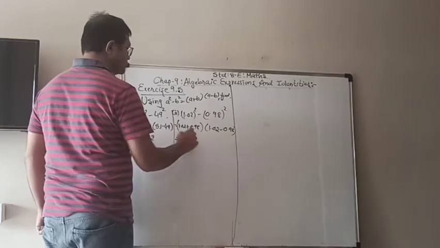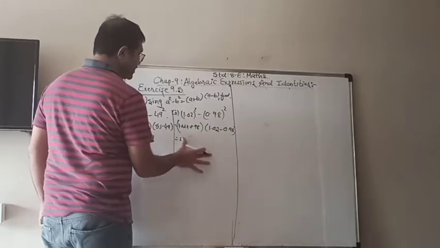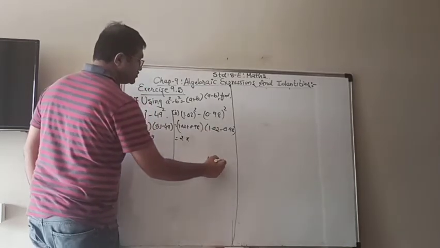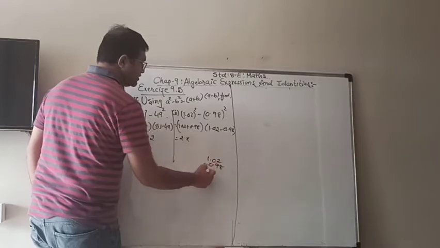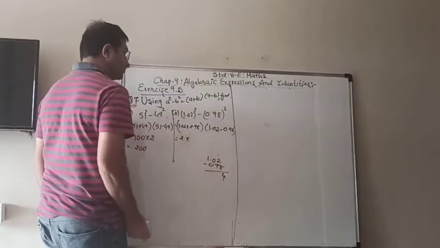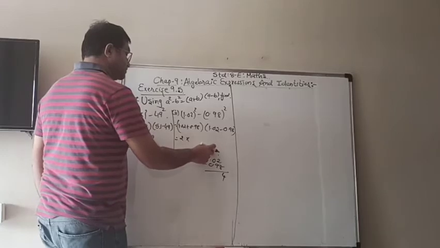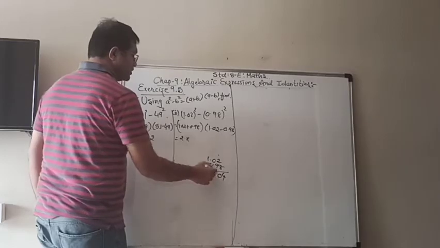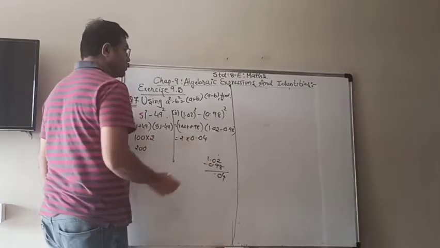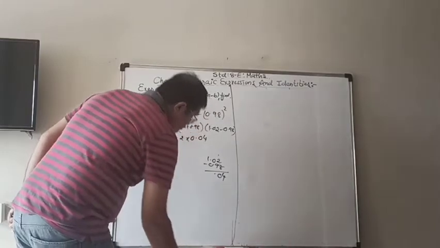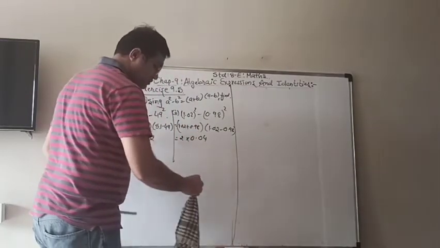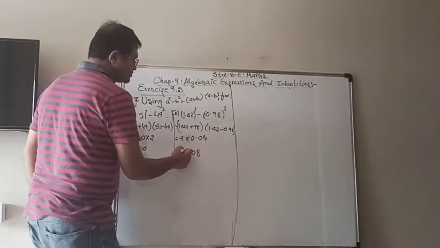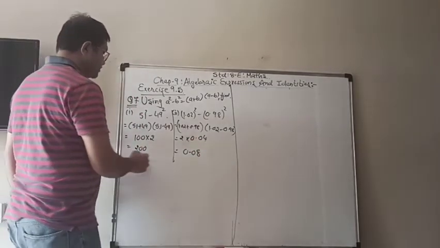So 2.00, or simply you can write down 2 also, not a problem. Multiply by, now 1.02 minus 0.98. 12 minus 8 is 4. Here 9 minus 9 is 0. So multiply by 0.04. Now multiply. 4 8s are 32... and 2 decimals. So it is 0.08.